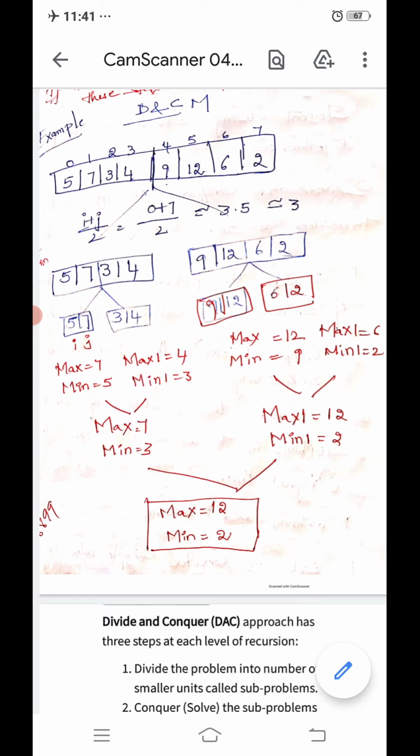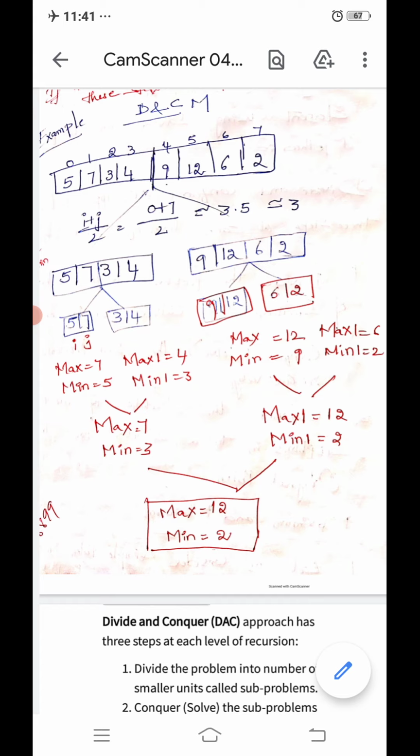7 is the maximum value, 5 is the minimum value, and look at the right side of this array. Here max 1 is equal to, if we compare 3, 4, which one is greater, that is the maximum value, and which one is lesser, that is the minimum value. Here max 1 value is equal to 4, minimum value 1 is equal to 3.